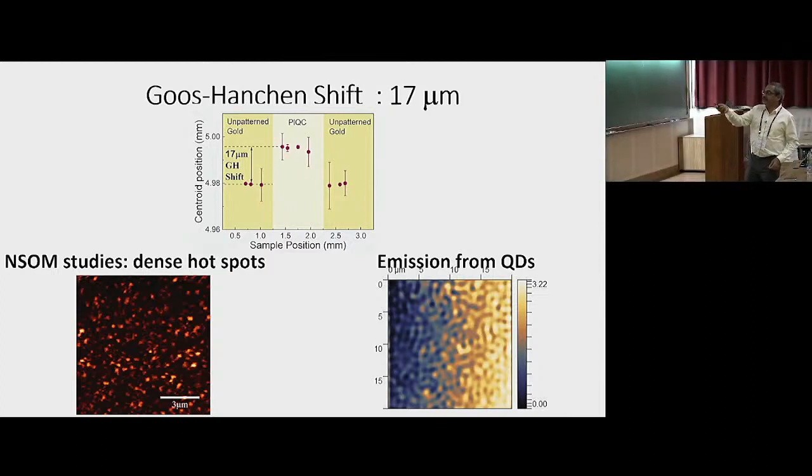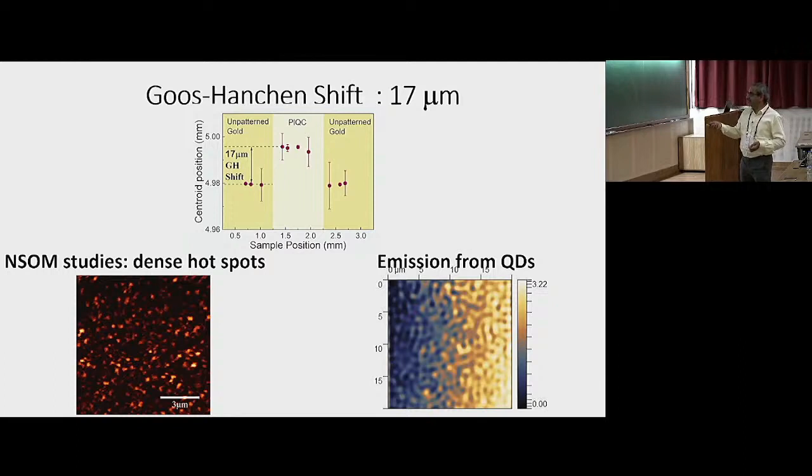So what we use for this is that we do not measure at one single position, but we move the quadrant photodiode across the beam, so that we get about 50 nanometer resolution in our measurements. We do see these hotspots, and then this is the emission from these quantum dots.